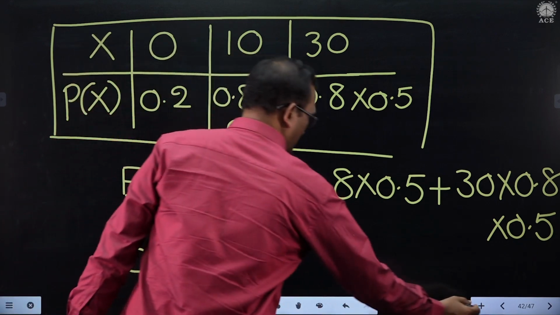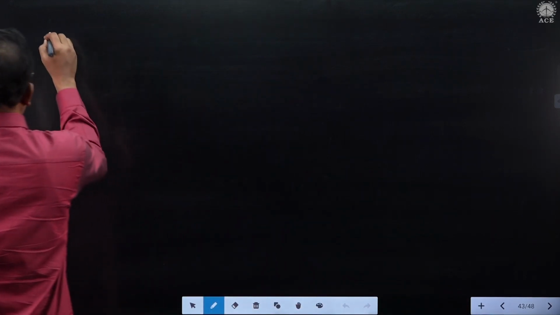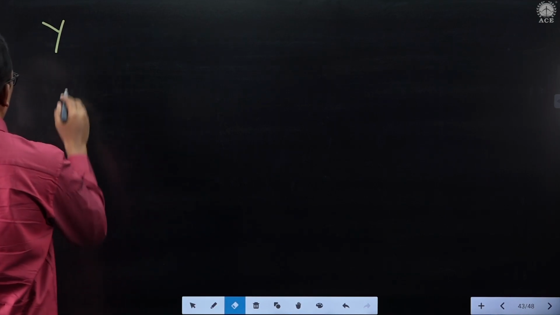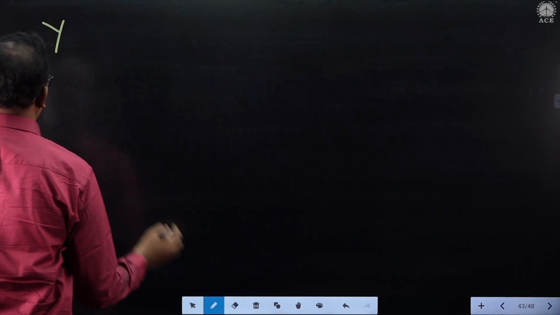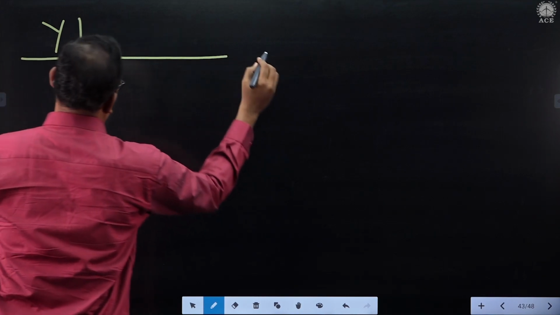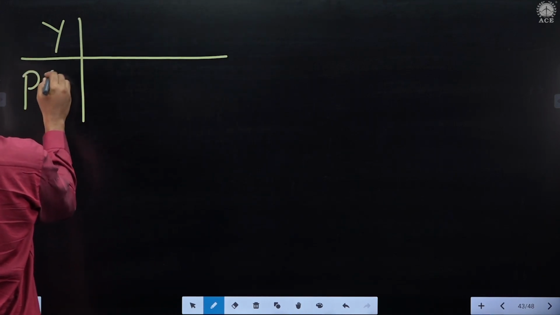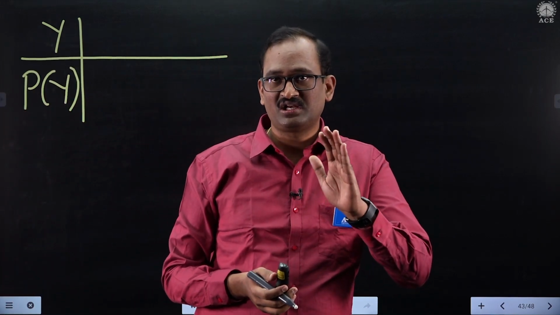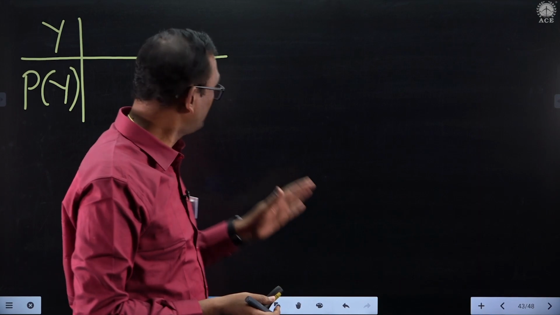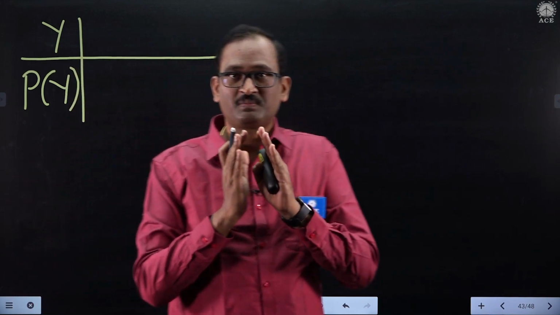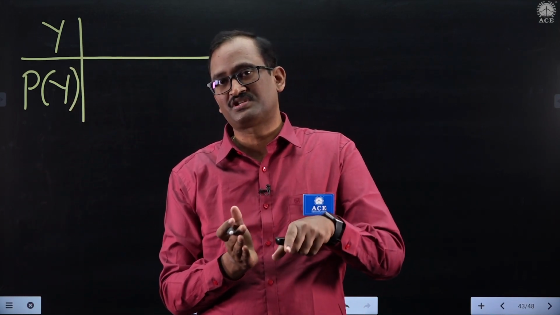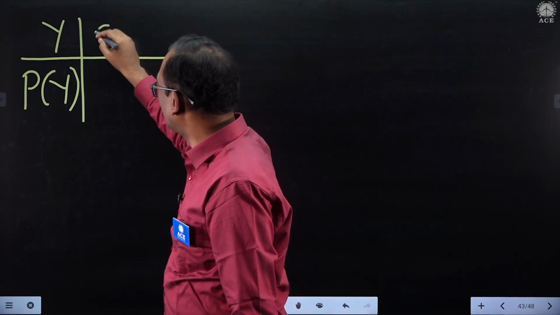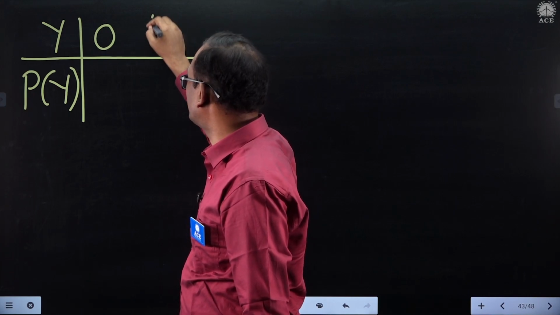Now let us find expected value of y. For that, let us draw the table. This is probability of y. Here y means question B is answered first and then question A. So if question B is wrong, for any first wrongly answered question, he will get 0 marks.